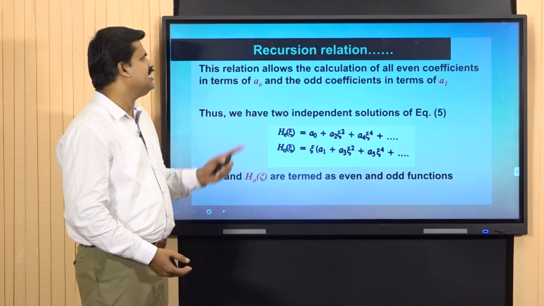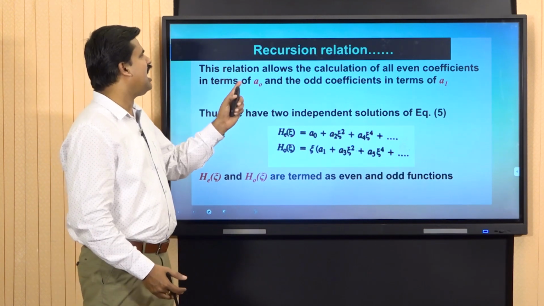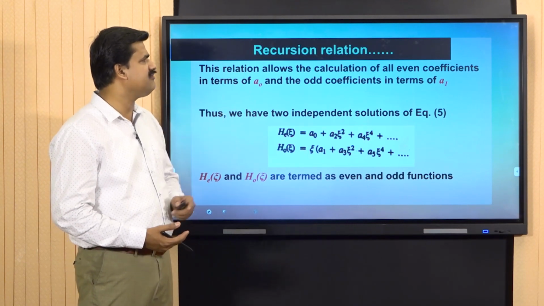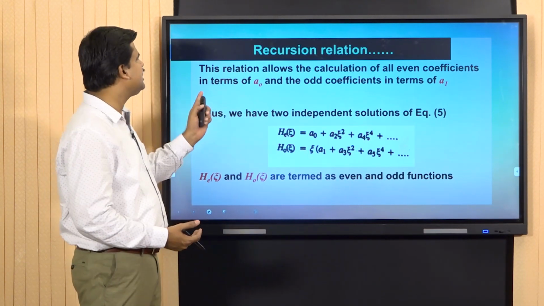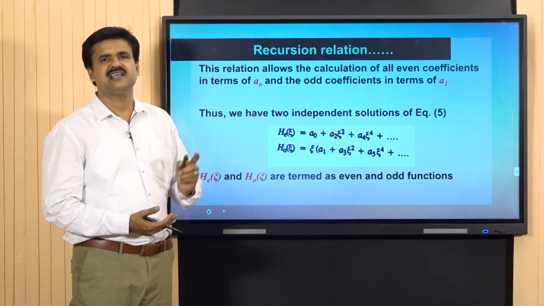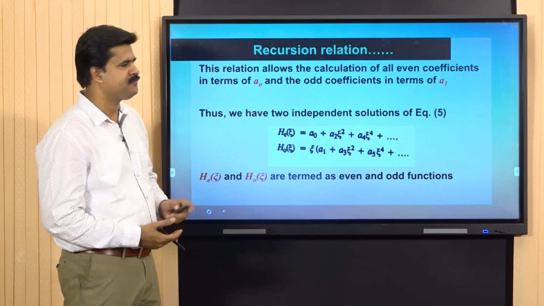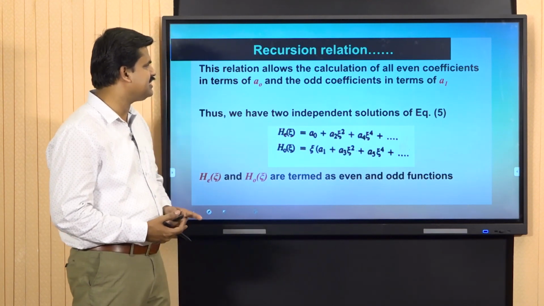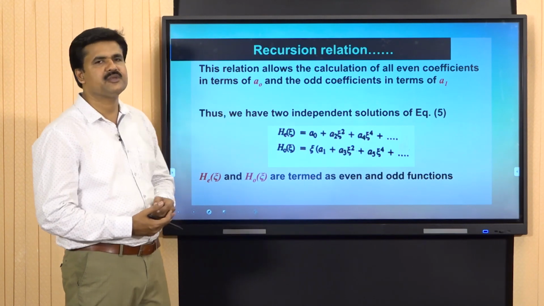Now, the recursion relation allows the calculation of all even coefficients in terms of A0 and odd coefficients in terms of A1. Thus, we have two independent solutions of equation 5.